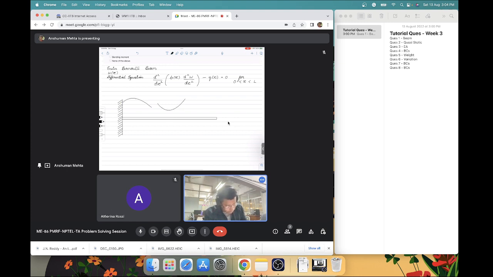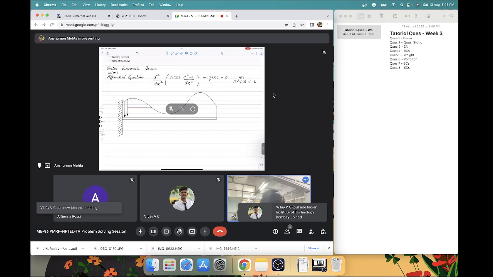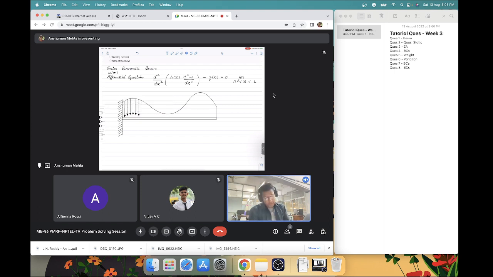Let me define the arbitrary loading. Let's say this is the arbitrary loading in the downward direction. Similarly, it is distributed as such.